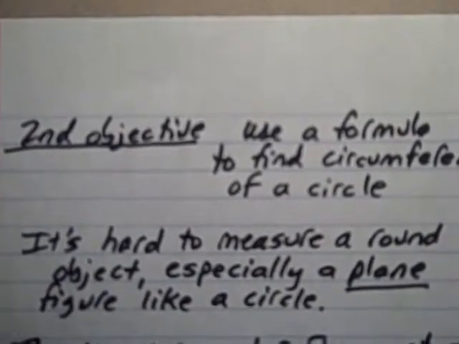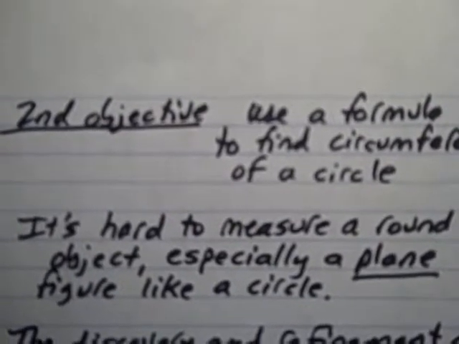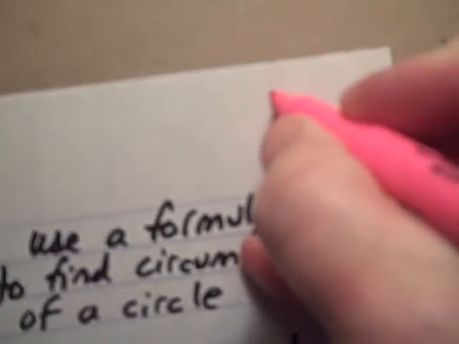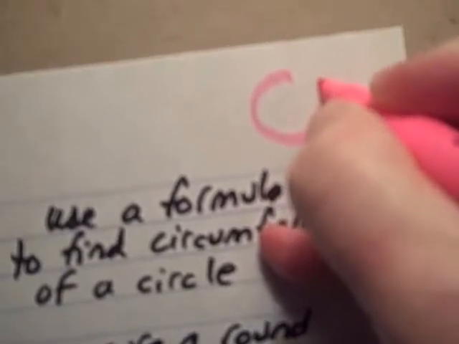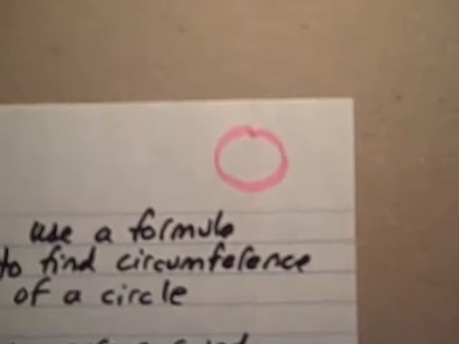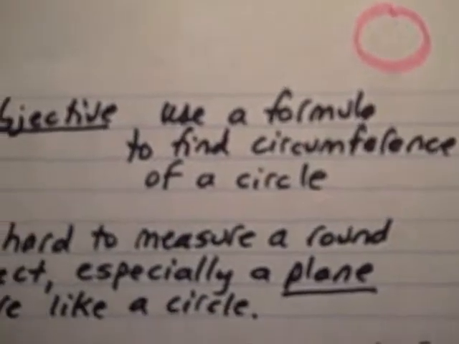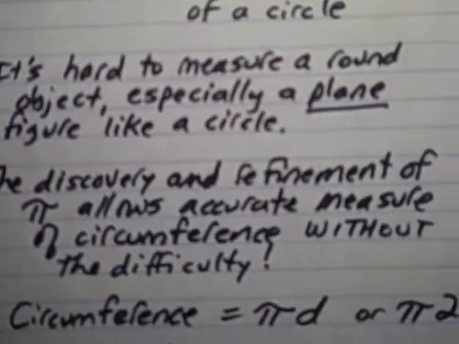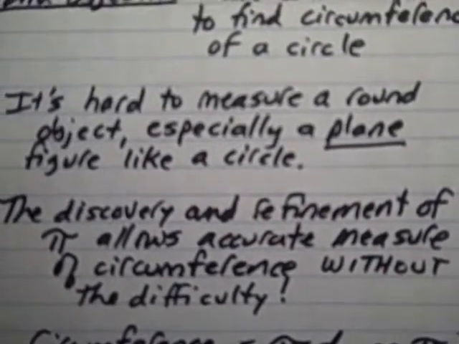We used a tape measure to do that, but it's still hard to measure around something round precisely, and especially hard to measure something round and two-dimensional, like a circle that you draw on paper. Imagine trying to wrap your tape measure around that. That's very difficult. So the discovery of pi, and the refinement of it, allows us to accurately measure a circumference without the difficulty.